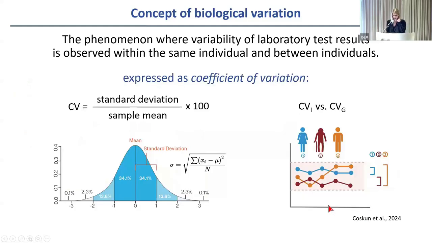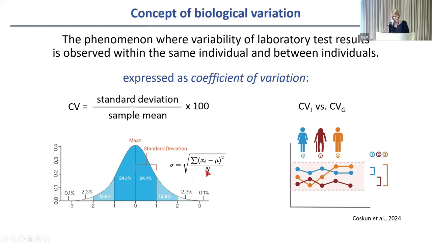And how do we describe this mathematically? We can express it as the coefficient of variation, which is a simple calculation: the ratio between the standard deviation and the sample mean, multiplied by 100 so that we get percentages. If we have a normal distribution, this means that within one standard deviation around the mean, 68% of all data would fall in this region.